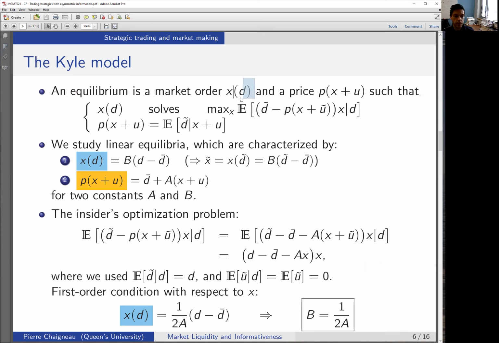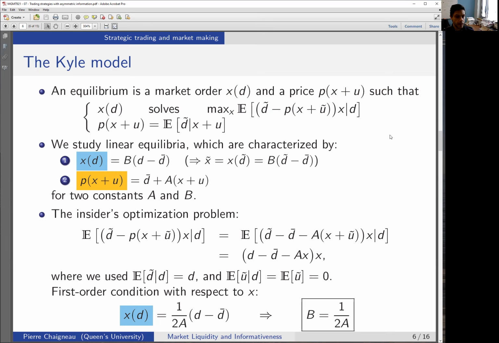So the market order X of D. An equilibrium is also characterized by the market price P, which is set by the market maker. So it's going to depend on the information of the market maker, which is the order flow, and the order flow is X plus U. Whereas the market order depends on the information of the insider. The information is simply the realization D of D tilde.